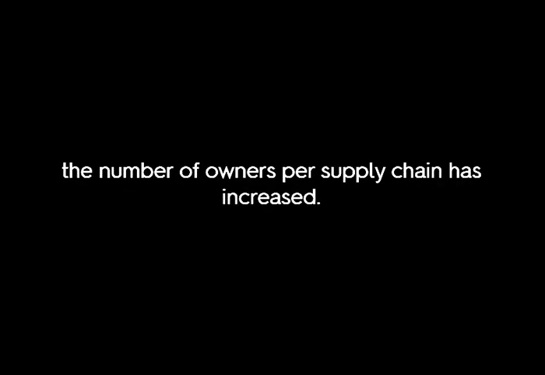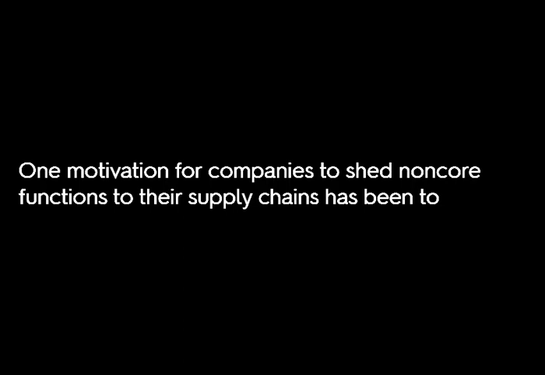Over the past several decades, the number of owners per supply chain has increased. One motivation for companies to shed non-core functions to their supply chains has been to take advantage of supplier and customer competencies that they did not possess.